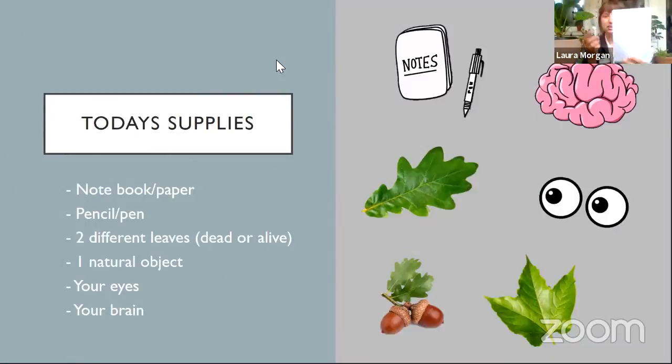Pen or pencil is fine, something to take notes on. You're gonna need your eyes and your brain to think about making those observations, and use your eyes to help you make those observations. And we're also gonna use another natural object if you brought that with you today, but if you just have leaves, that's okay too.